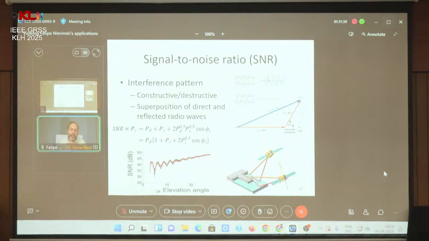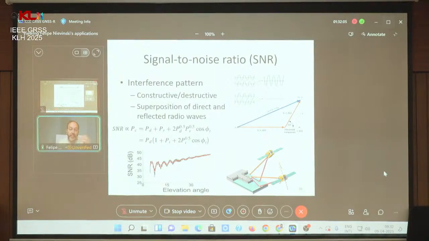And when they are out of phase, 180 degrees, and they usually have the same magnitude, the result is zero. You get destructive interference.